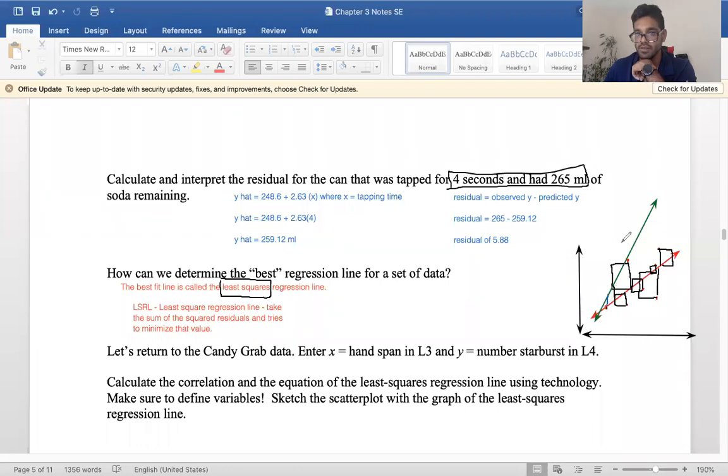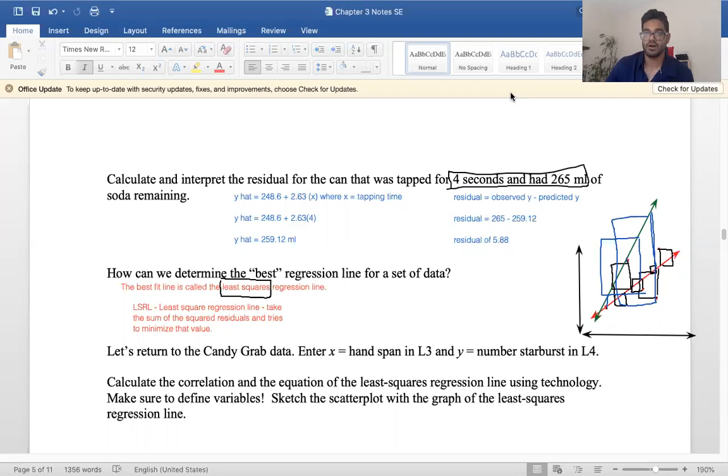You have all these values where you have a massive residual here, all these dots coming from the line. If I square all these, I'm going to have massive residual squares, and as a result, this green line isn't going to be a line of best fit. So the line of best fit is the one that makes all these little squares as small as possible. That's kind of the idea behind all this.